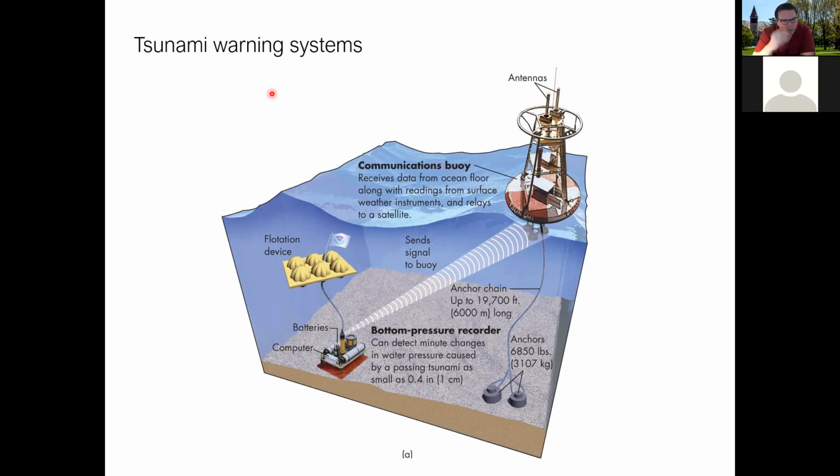In reality, we still can't predict the earthquakes or the landslides, and in many cases we can't predict the volcanic eruptions. But once a major displacement of water tied to the tsunami is generated, we actually have a fairly sophisticated approach for monitoring for tsunamis and sending out local and global notices and warnings of the tsunamis.